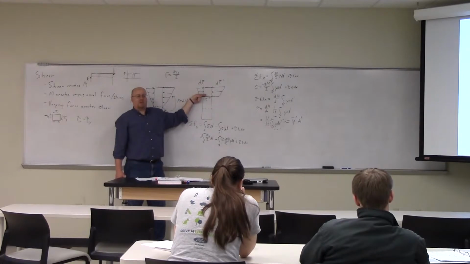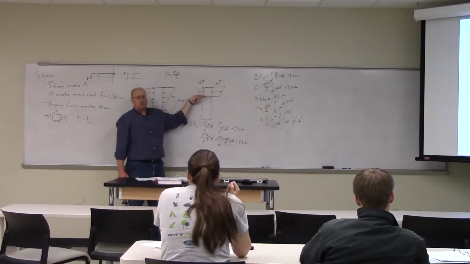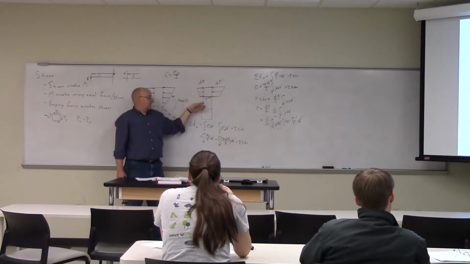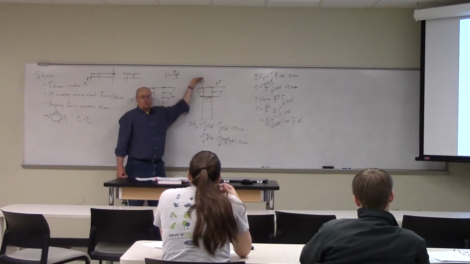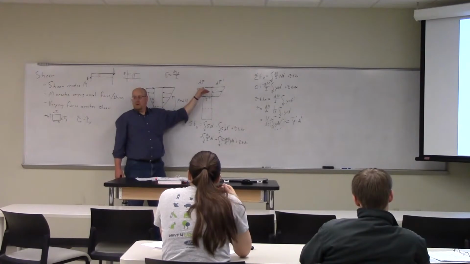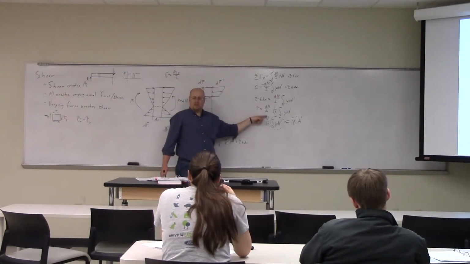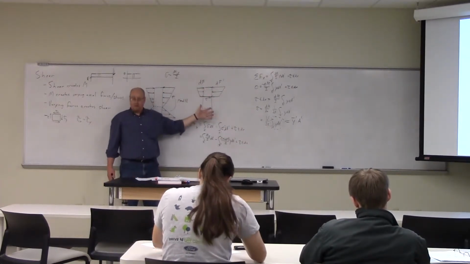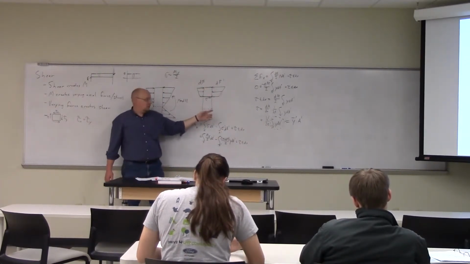So if I ask for the shear stress 2 centimeters above the neutral axis, then I cut it off and I say, okay, I've got the shape 2 centimeters above the neutral axis. I've got V, that's easy, that's a global parameter. I and t: I is still I of the whole cross-section, the moment of inertia of the whole cross-section.